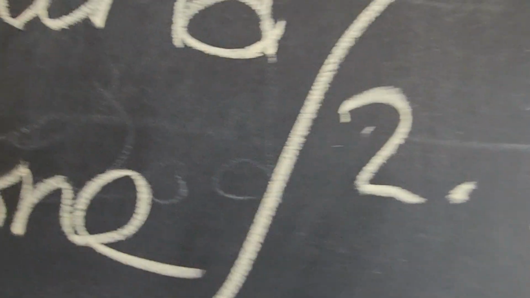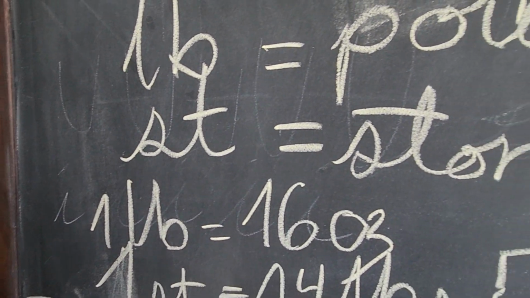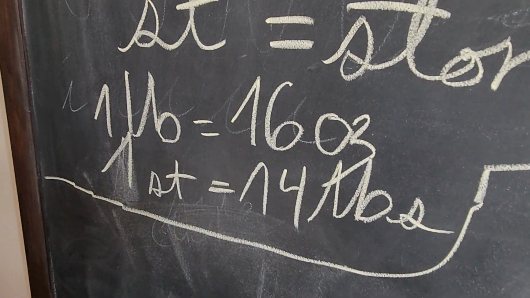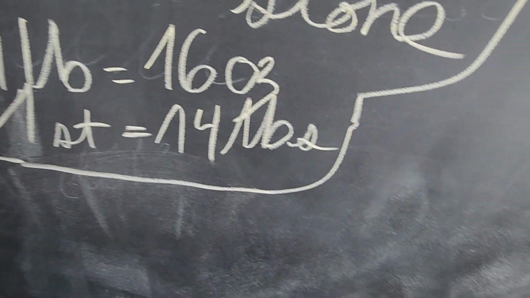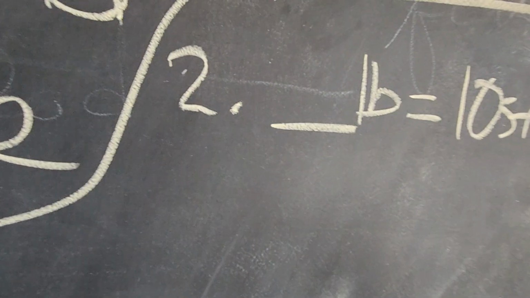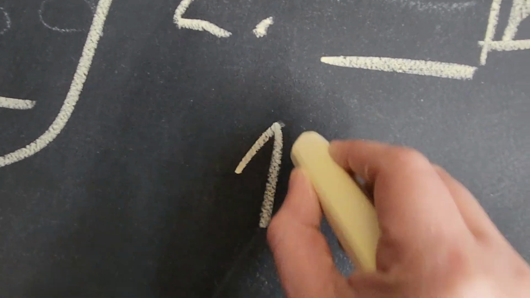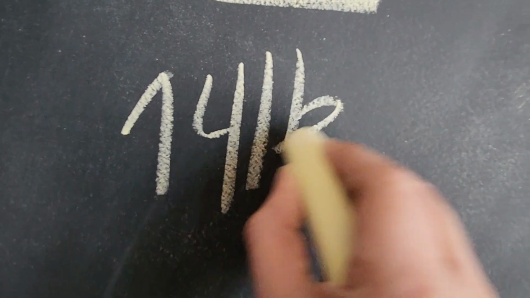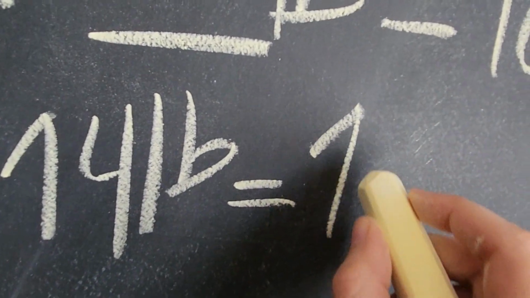Now, I know 14 pounds is 1 stone. Where did that go? Here. 1 stone is 14 pounds. I'm not real good at this. So 14 pounds is 1 stone.